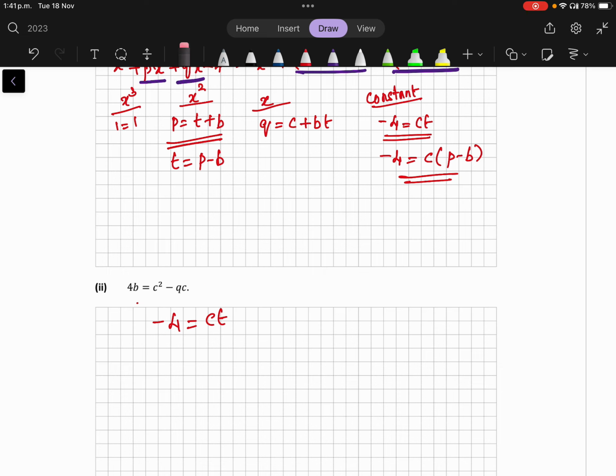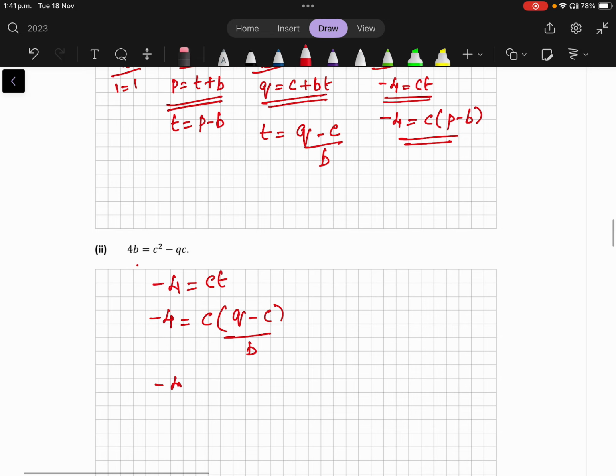So what I will do, I'll take the second equation here and I will build t from here. So t is equal to (q minus c) by b. Okay, so I can write this as minus 4 is equal to c into (q minus c) over b. Okay, and this can be written as minus 4 is equal to cq minus c square divided by b.